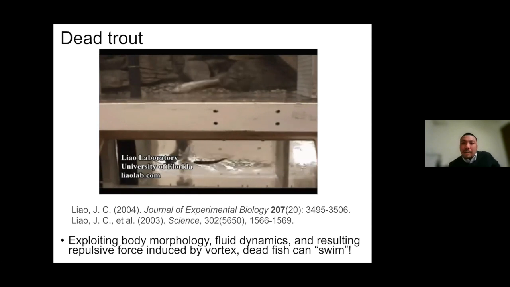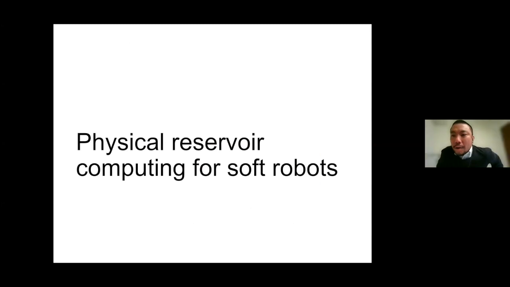In this case also, we can outsource the functionality to the body and the environment if you nicely design the body part. That's the message. Okay, so we checked the mechanism of reservoir computing, and also the importance of embodiment. We can outsource the functionality if we design the body nicely.